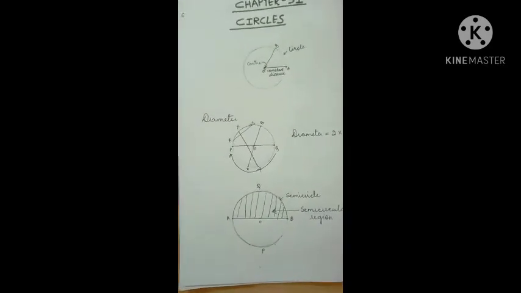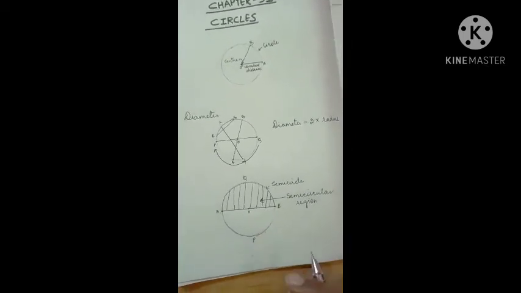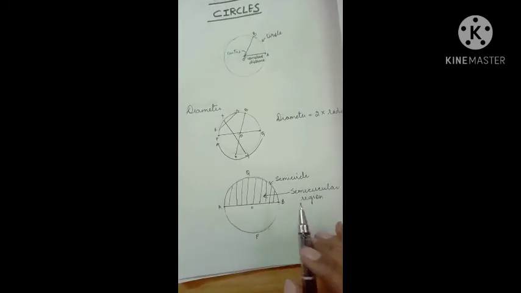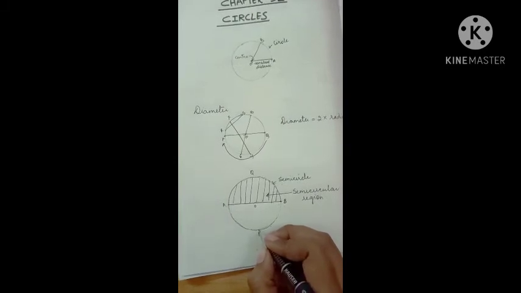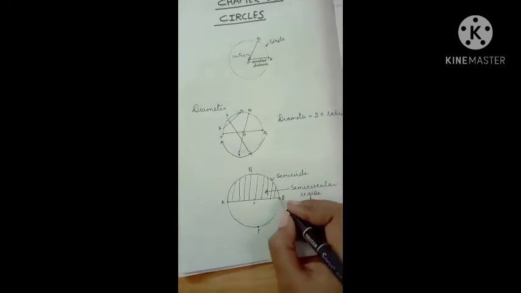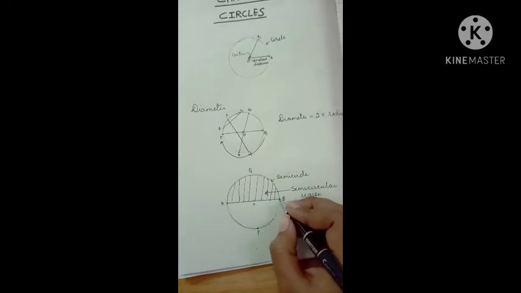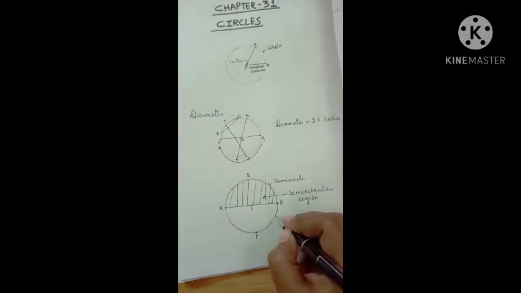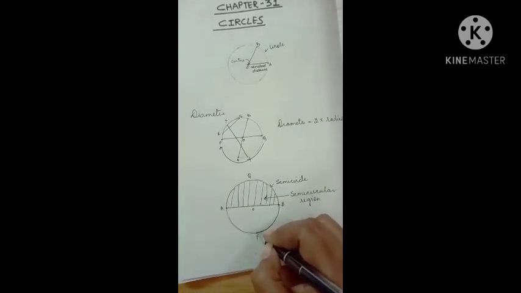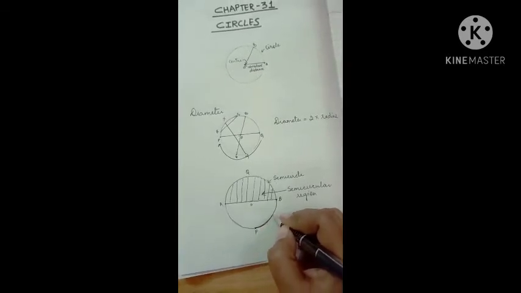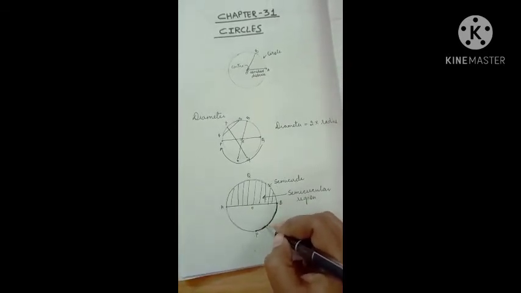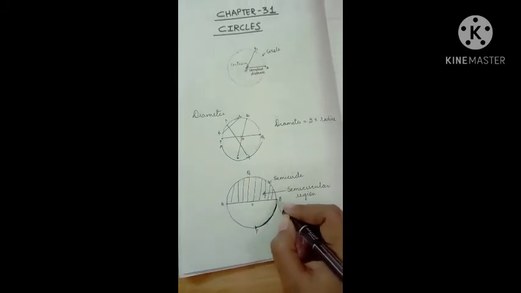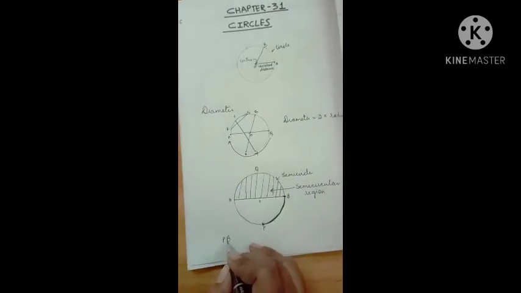Now the question arises, what is an arc? An arc is a part of a circle included between 2 points on the circle. Suppose this is point P and this is point B. It is a part of a circle included between the 2 points on the circle. So this is the arc. Here in this figure, this PB is called the minor arc.